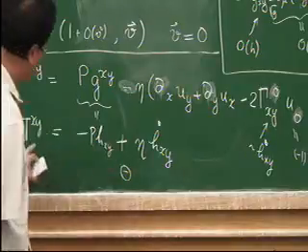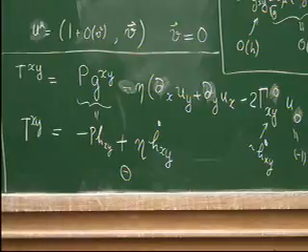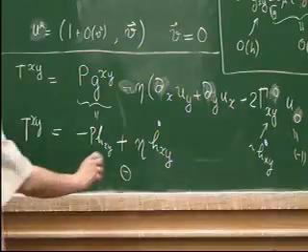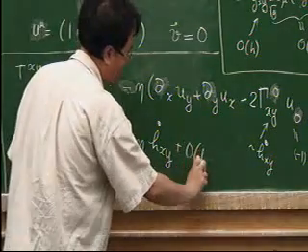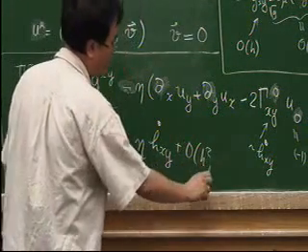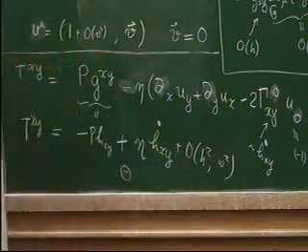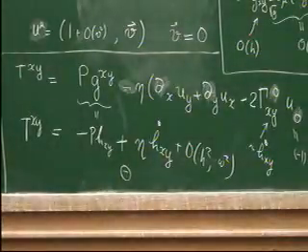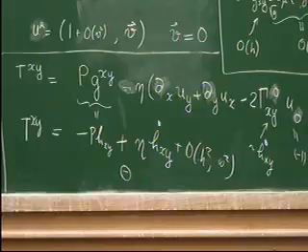For example, the expectation value of the stress energy tensor is proportional to h and the first derivative of h. Again, the corrections to this formula are proportional either to h squared or to momentum squared, to frequency squared.